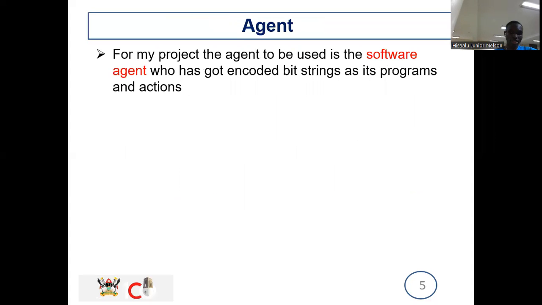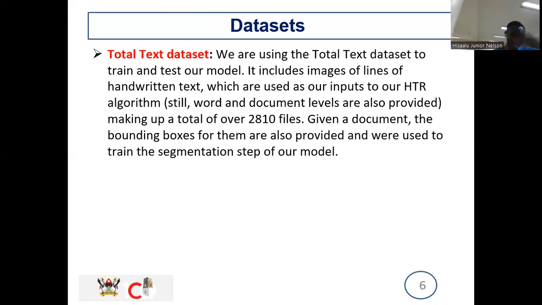So the agent, which is the software agent, scans the handwritten text and then converts it to machine readable text. The data set that I'm using from my Kaggle account is the Total Text data set, and this is some of its description as obtained from my Kaggle account.